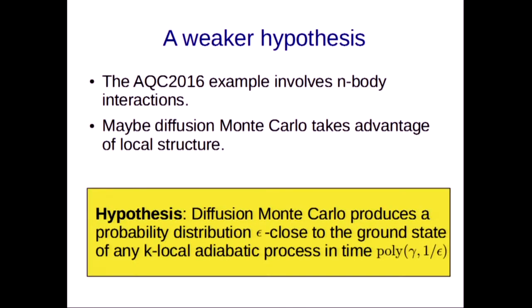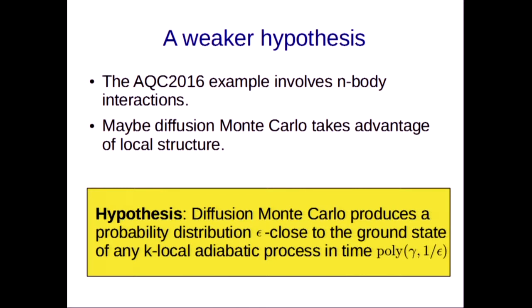So after seeing that example, one could, if one was a diehard believer in the idea that diffusion Monte Carlo ought to be able to simulate stochastic adiabatic computing, have a fallback hypothesis: if you restrict your attention only to local Hamiltonians involving k-body interactions for a fixed k that doesn't depend on n, maybe you can still simulate everything efficiently using these classical probabilistic algorithms.